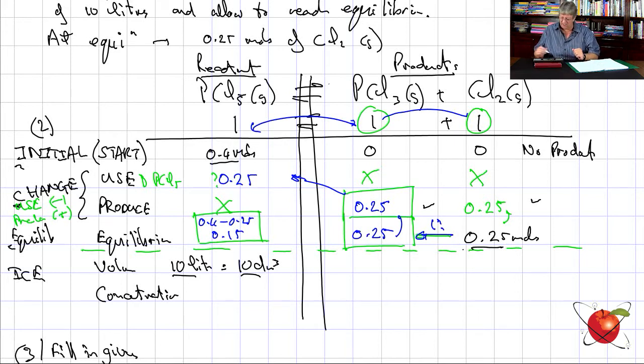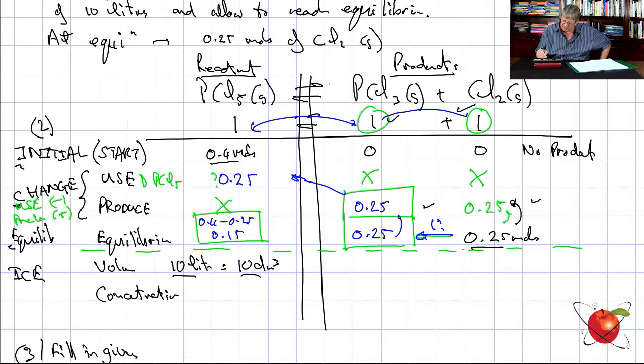Then, starting with the moles I've got here, if I've got 0.25, I must have produced 0.25. And I must similarly have 0.25 of PCl3 because they react in a 1:1 ratio. It's all coming back to that ratio. That is the critical portion of this part of the work.